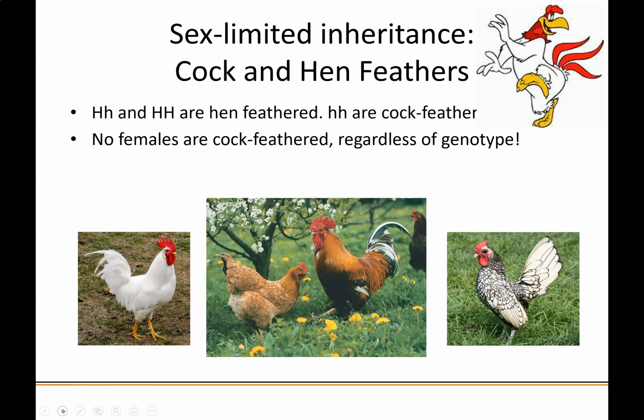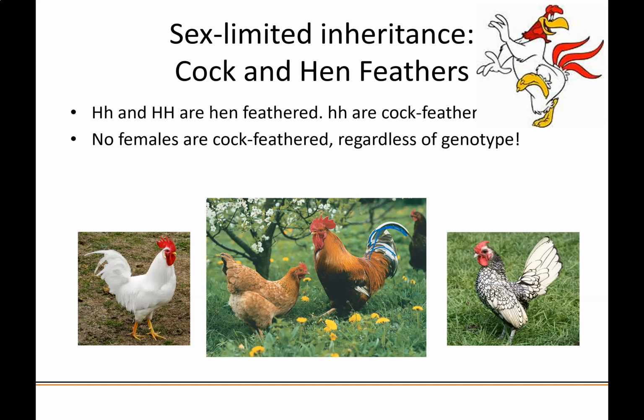So another example of this sex-limited inheritance is cock and hen feathers. So this is related to the types of feathers that are found on male and female roosters. So if we look at this male rooster here, we can see that his feathers are much more pronounced.